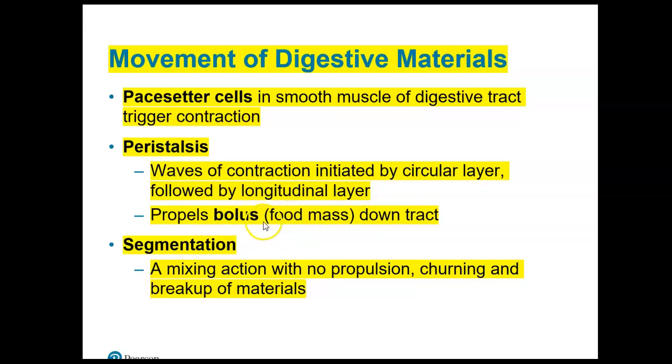And what that means is, starting in the esophagus, even if you are standing on your head, food is going to move by peristalsis toward the stomach, whether that is with gravity or against gravity. Now, if you're standing on your head, it's not going to be as smooth of a process. You may have a little bit of acid reflux or something, but your food is still going to move in that same direction from the esophagus toward the stomach.